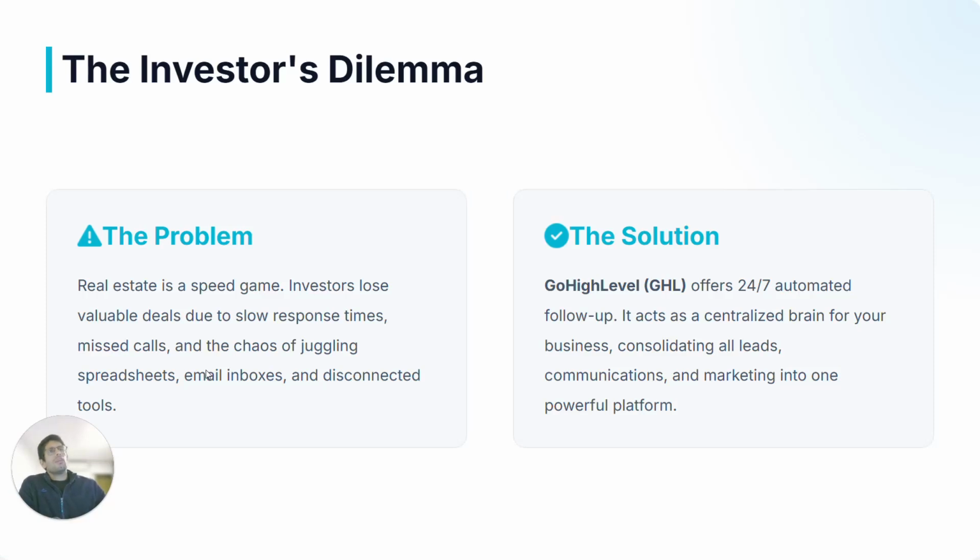So the dilemma is that in every kind of business, not just in real estate, you guys face the problem of getting to the lead first. So if you're not able to answer your lead immediately, that person is going to go somewhere else. It's going to go to one of your competitors and you're going to lose the lead, period. But Go High Level essentially offers you that solution.